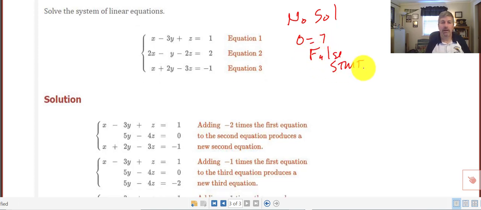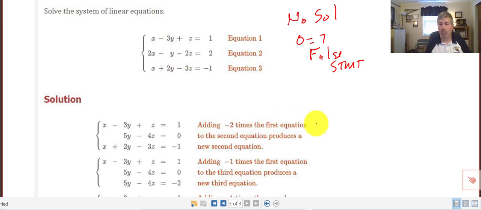So I've got my three systems of equations, and they walk us through the process here. We're going to add negative 2 times the first equation to the second equation to produce a new second equation. Essentially what we're doing is dropping out the x in the second equation.